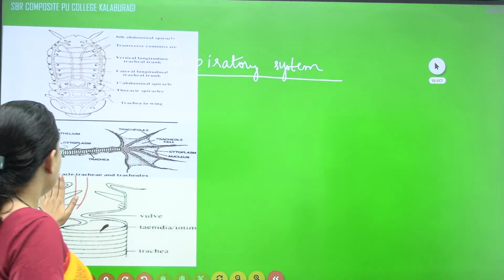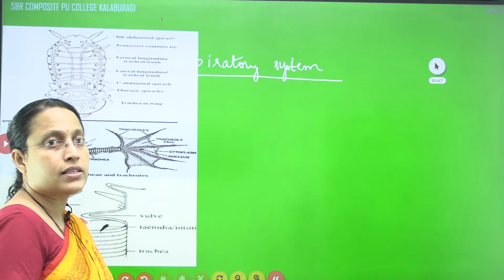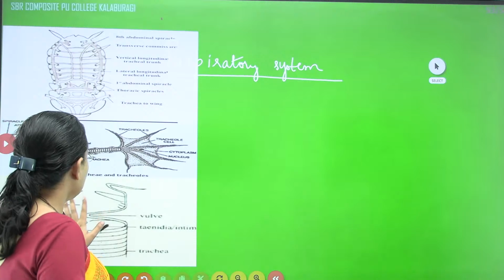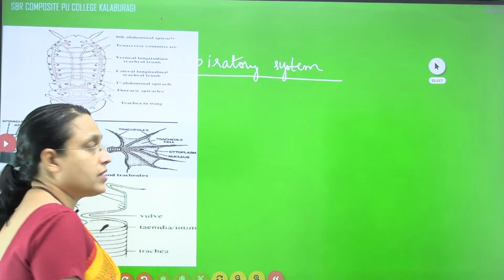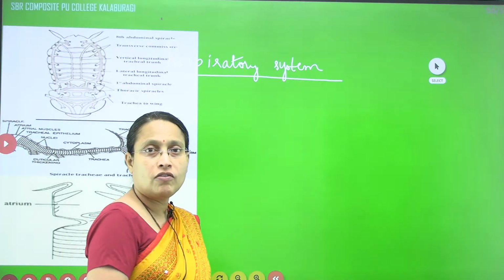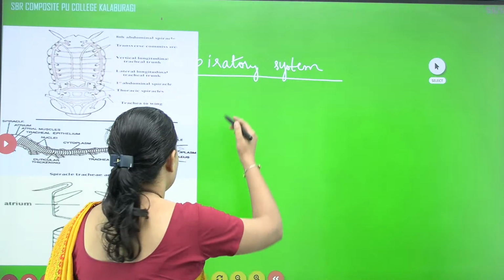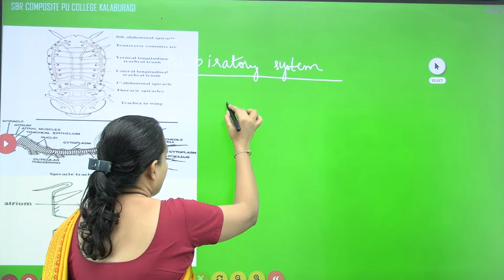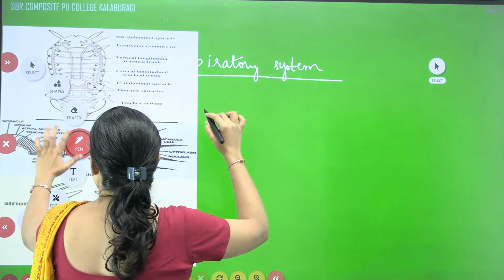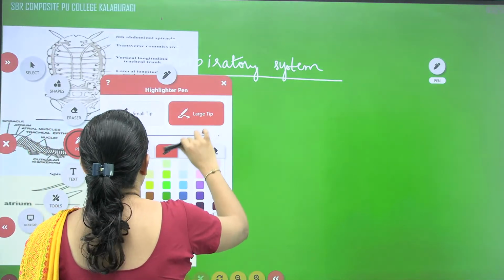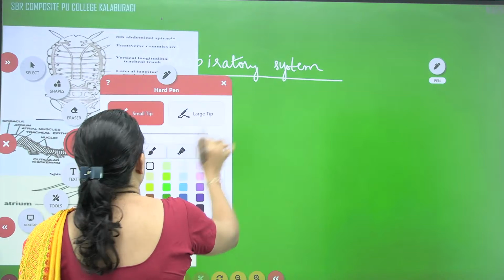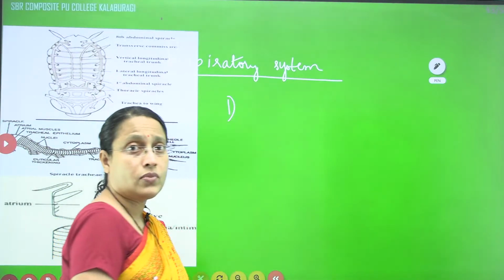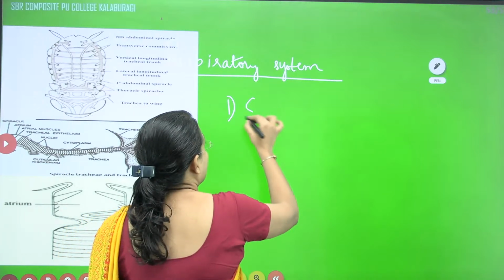So today I'll be explaining about the respiratory system of cockroach. What are the components? The three main components of the respiratory system of cockroach: first one will be the spiracles.